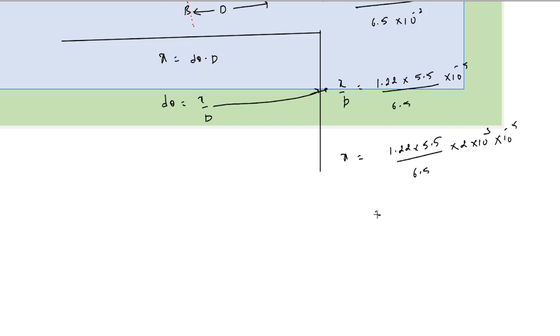That is equal to 13.42 into 10 power minus 2 by 6.5, which is approximately equal to 2.065 into 10 power minus 2 meter, or 2.065 centimeter.